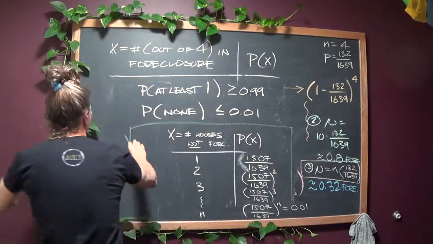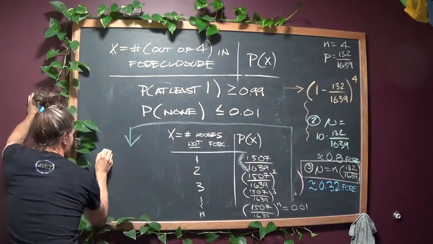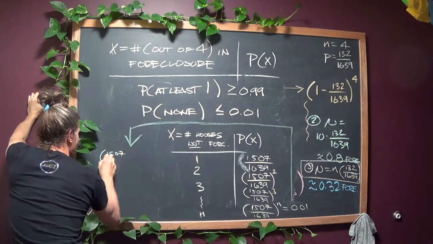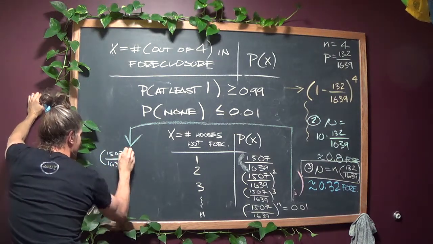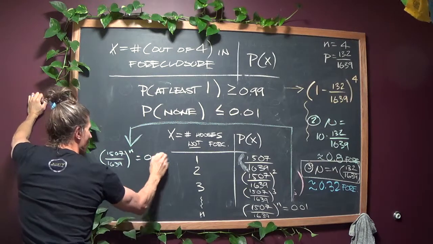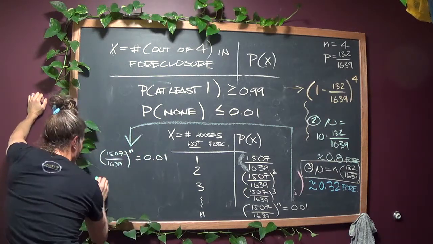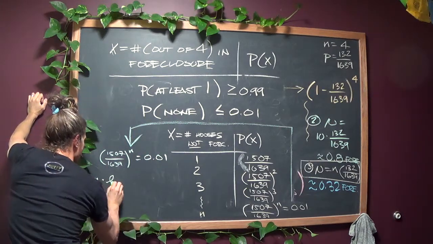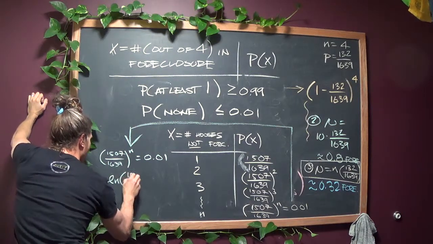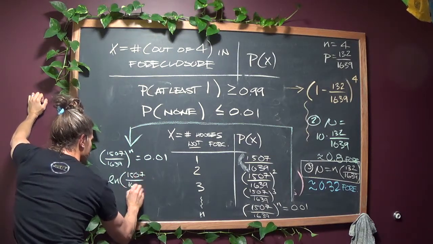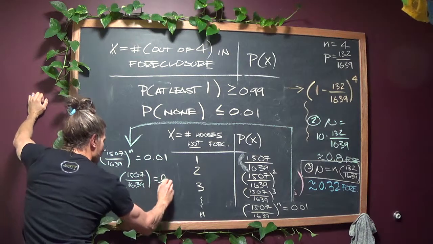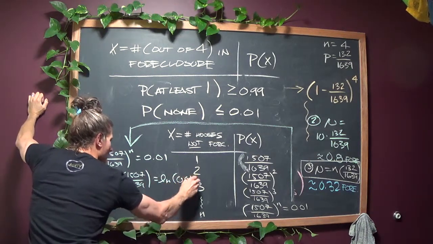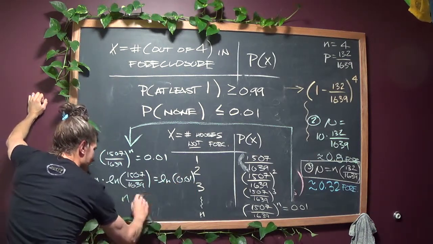Okay. So, if you know that 1507 over 1639 to the nth has to be about 1%, take logs of both sides. You're going to get n times the log of 1507 over 1639 equals the log of about 1%. And then you've got a nice linear expression.